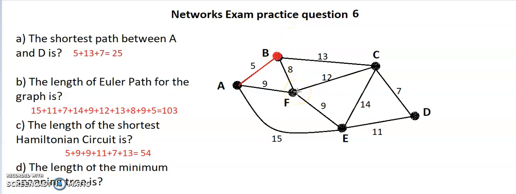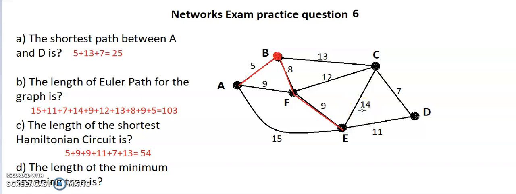Likewise, if I'm wanting to go from B to F, 8 is the shortest. As I'm looking at this now, I can see I can go to E with 9, or 14, or 11, and 9 is the shortest.